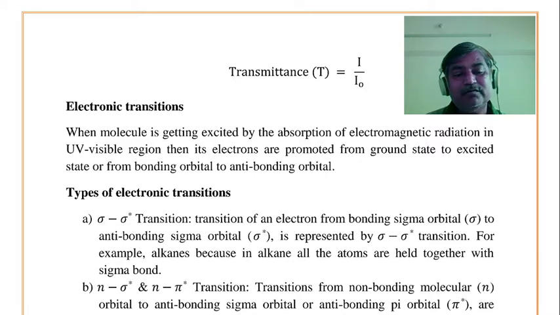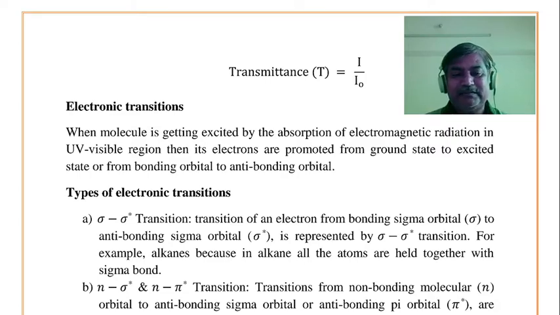Sigma bonded molecular orbital, pi bonded molecular orbital, and non-bonded molecular orbital in the form of a lone pair of electrons. Hence, among all these types of molecules, alkanes show different types of transitions because they contain only sigma bonds.